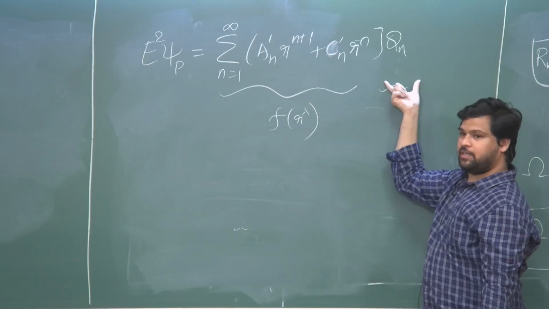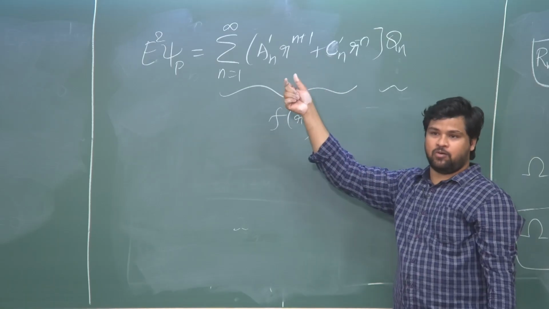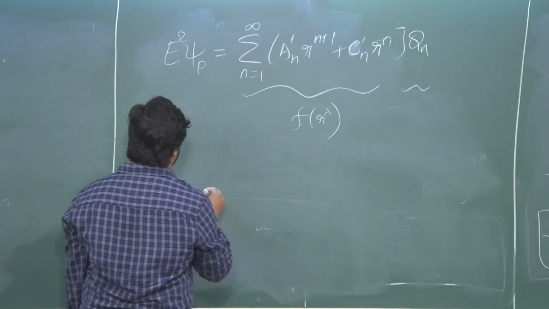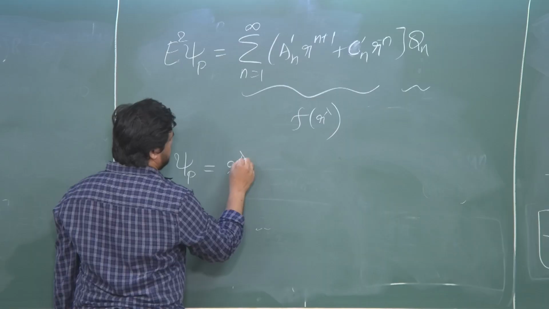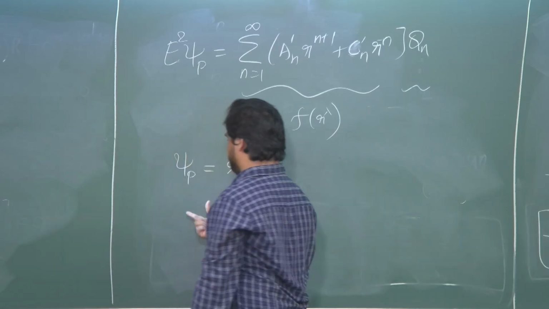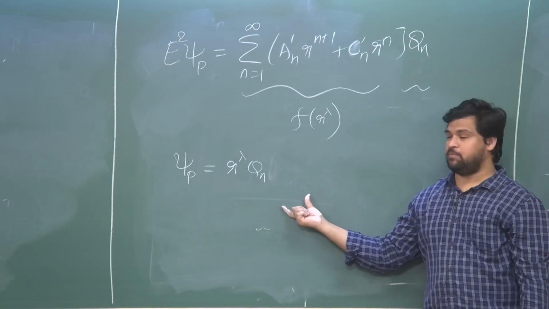Same Qn dependency in the particular integral, same Qn dependency in the homogeneous solution also. So, now I am taking my solution in the form of sigma p into Qn. Okay. So, this is my form.